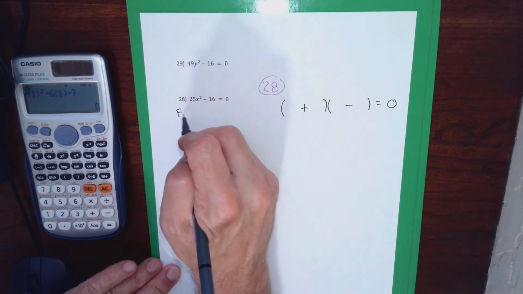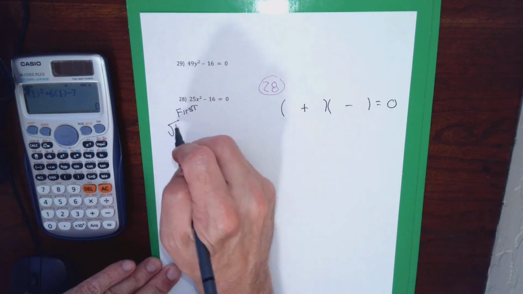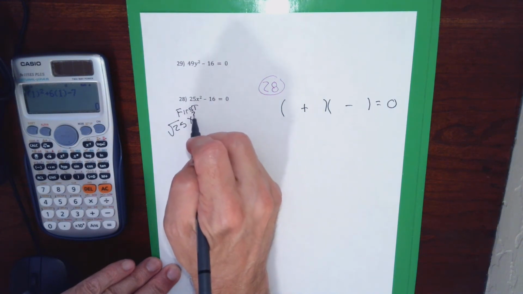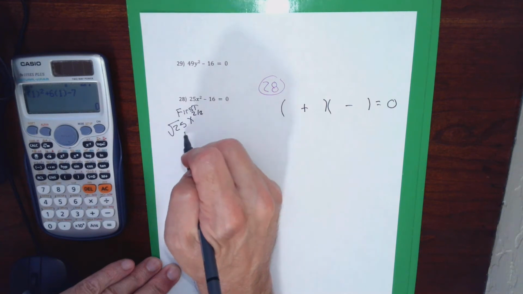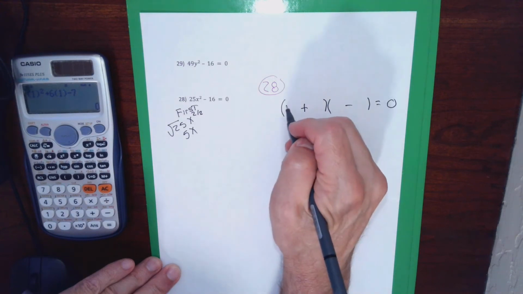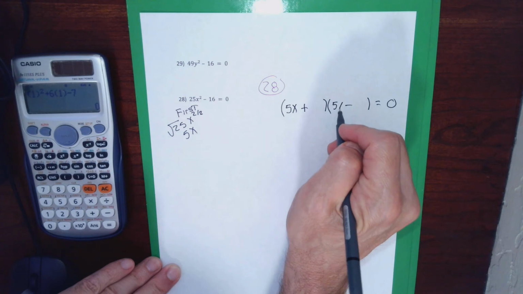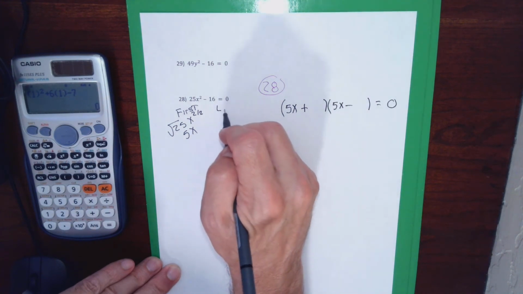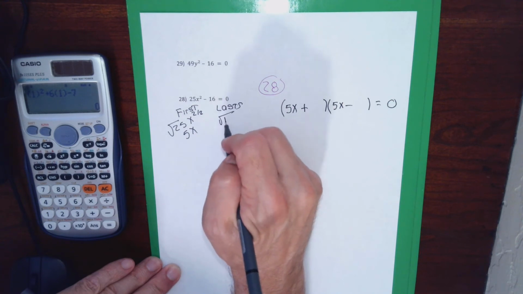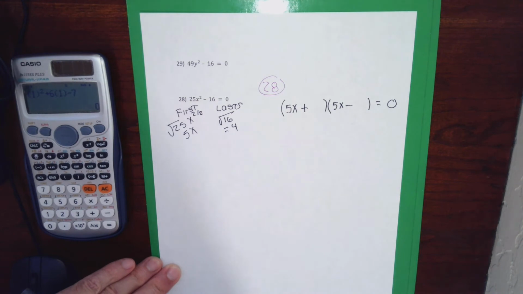And in my first position in each parentheses, to the left of the sign, to figure out what goes there, I square root the 25, and I divide the exponent of the x by 2. That's going to tell me preceding my signs in each parentheses, I'm going to get a 5x.